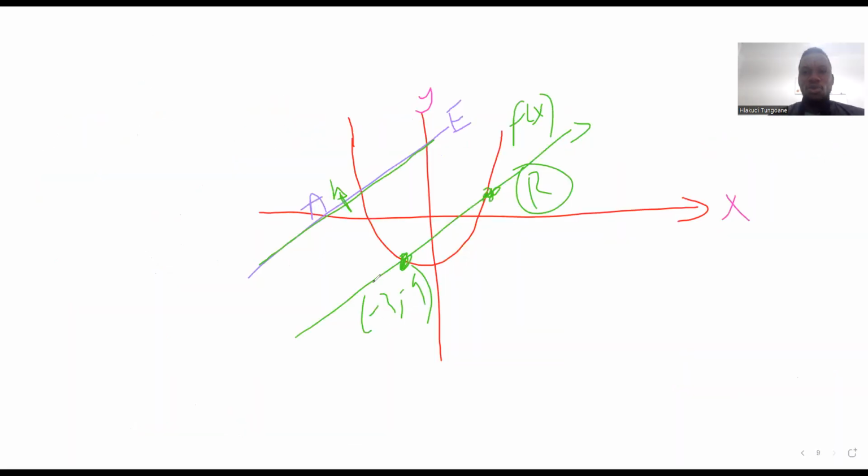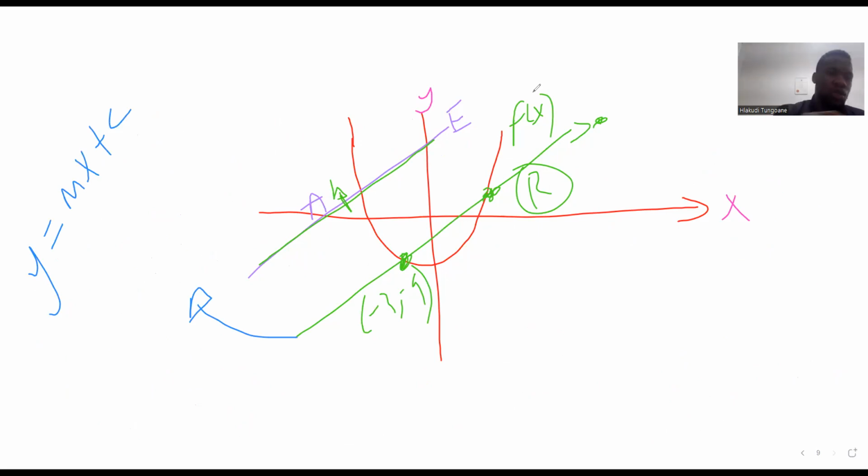So for this line here, we can find the equation, right? If we have y equals mx plus c, we already know the gradient is 0.25, from the property of parallel lines, right? They have the same gradient.